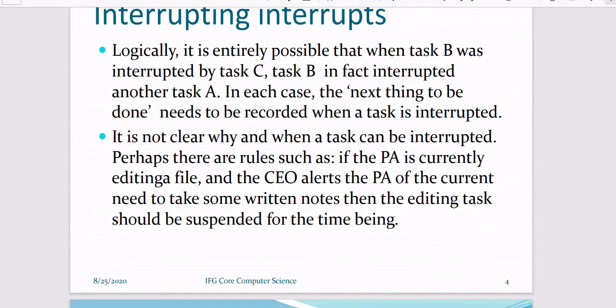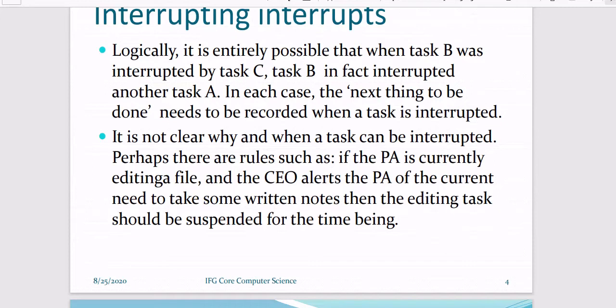So if task A is interrupted, then I need to know what the task was and where I was at when the task was interrupted. When I finish task B, I need to know where to go back to in order to complete task A.